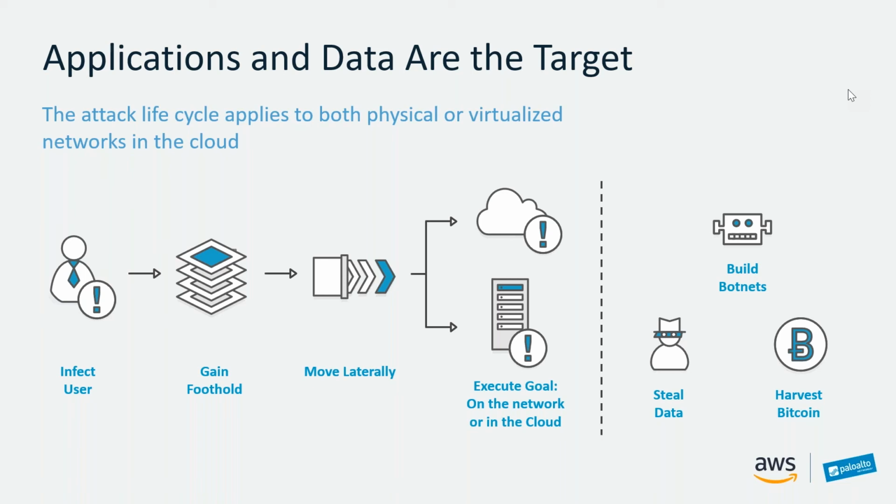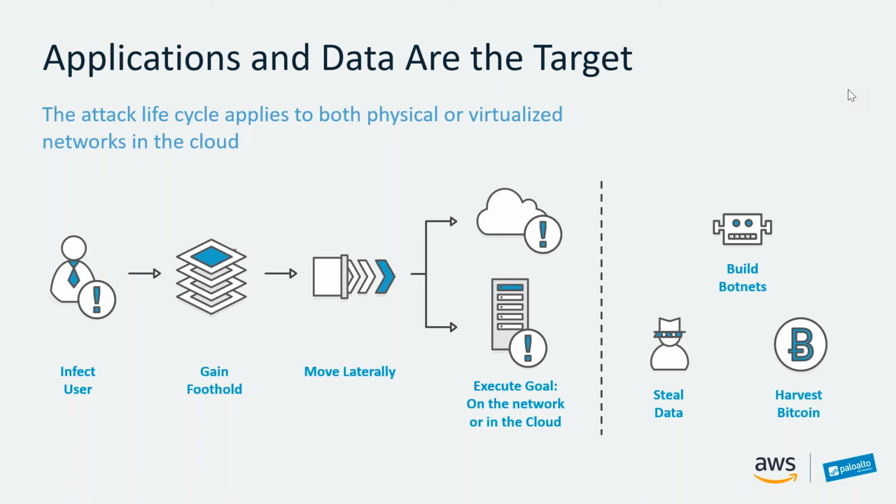They are not going to care whether their target, your credit card numbers, your intellectual property, your computing resources are located in AWS or in a private data center just down the hall on premises. Their role is to establish a foothold on your network in some way, shape, or form, navigate to a resource, and then execute their goal.